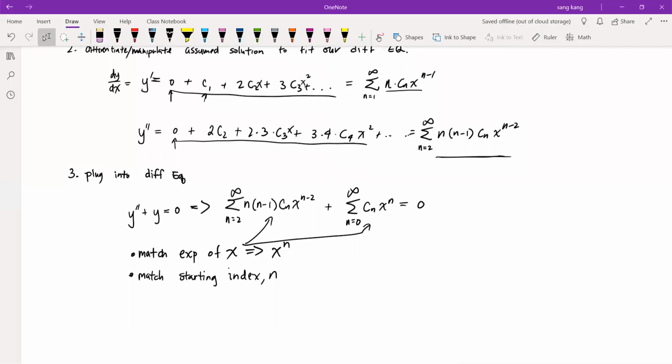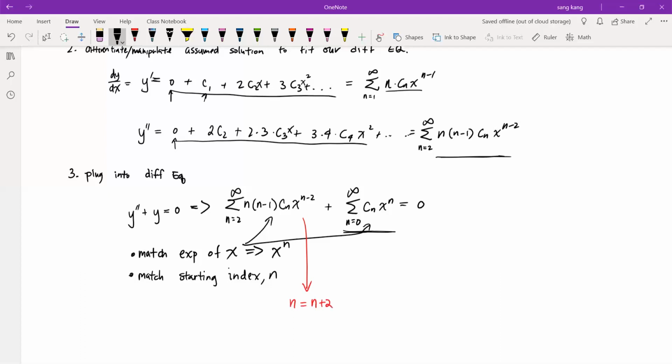I always like to start with matching the exponent of x first, since it seems easier. So I'm going to bring the second term here. It's already in terms of x to the n, so I don't have to do anything there. The first term is x to the n minus 2. In order to change my index such that x to the n minus 2 becomes x to the n, I need to set n equal to n plus 2, right?